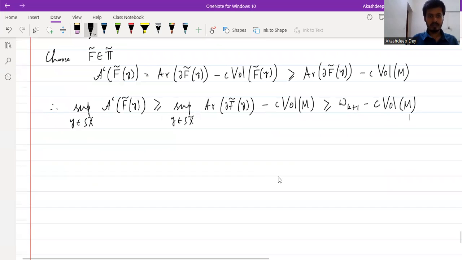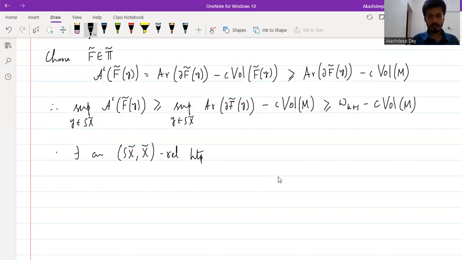So the first fact is that there exists an S_x tilde, x tilde relative homotopy between f tilde and psi tilde.